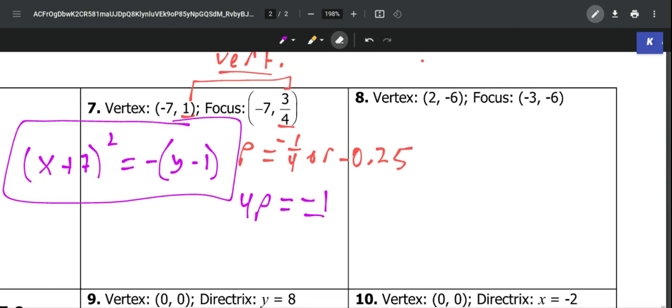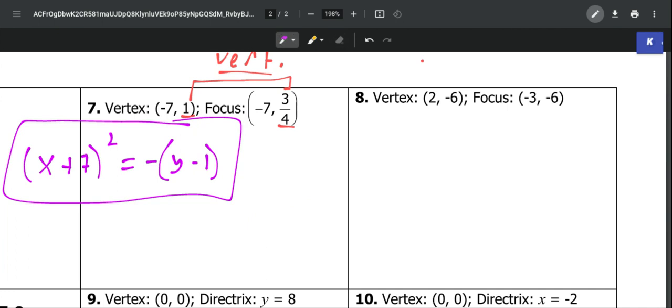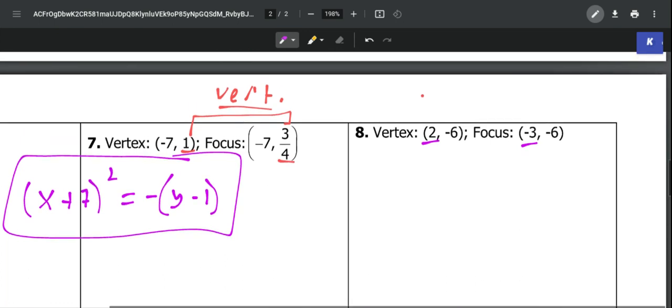And then we'll look at 8. All right, so number 8. We're going to do the same thing here. We're going to decide between 2, negative 6 and negative 3, negative 6. Is the x-coordinate or the y-coordinate changing? And here you can see that the x-coordinate is changing, so we know this is going to be a horizontal parabola.